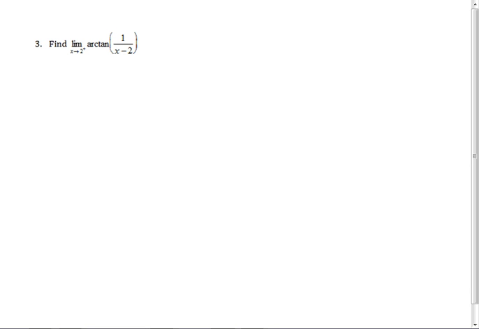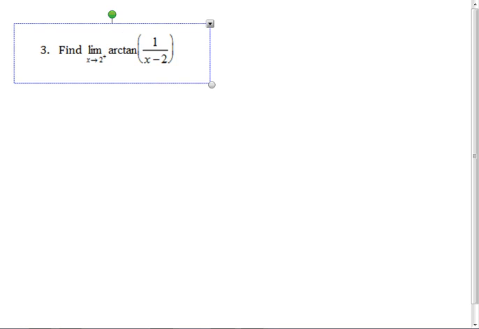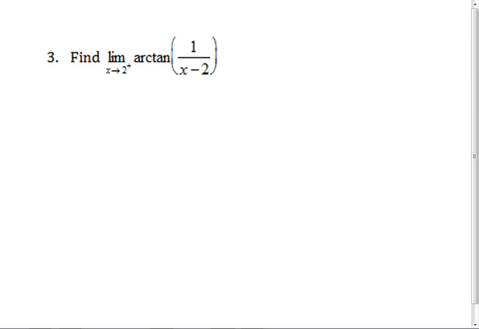Now this one's a little trickier, and I don't know how you would do it. I just know how I like to do it. I want the limit of the inverse tangent. You could just put in the 2 from the right side. I prefer to go back to the tangent of theta.